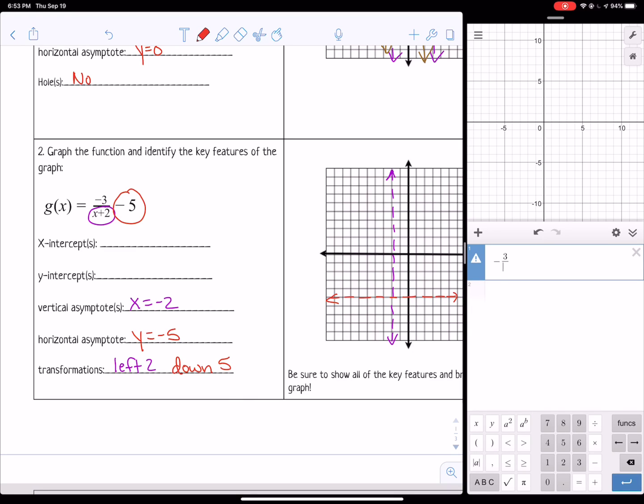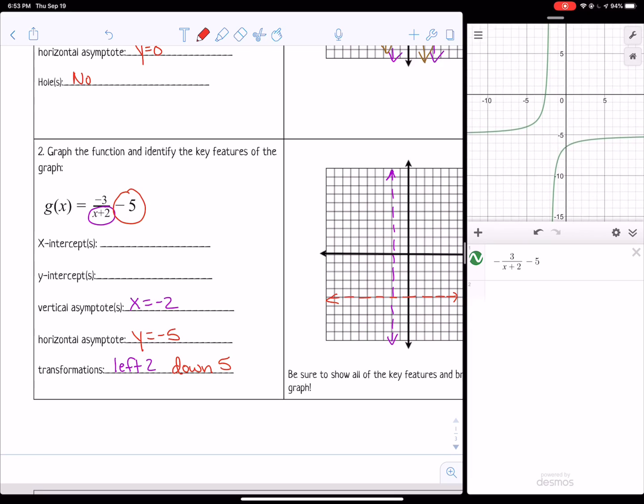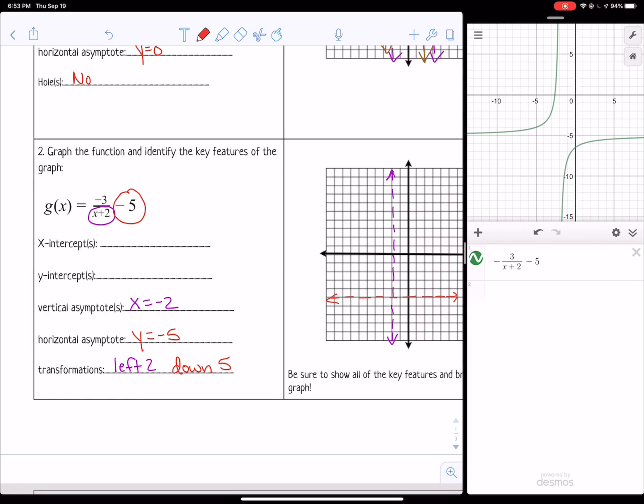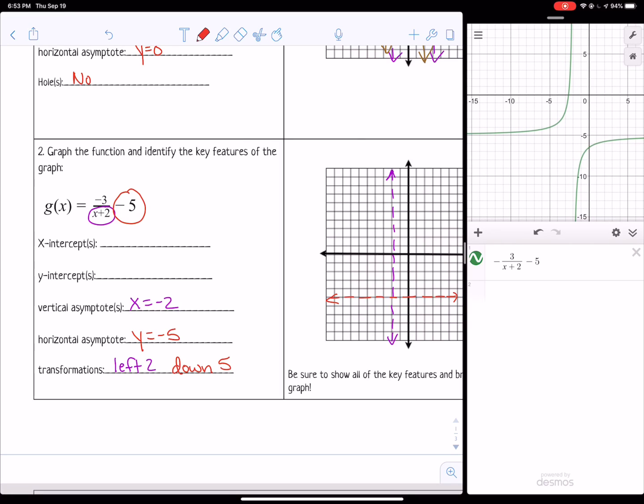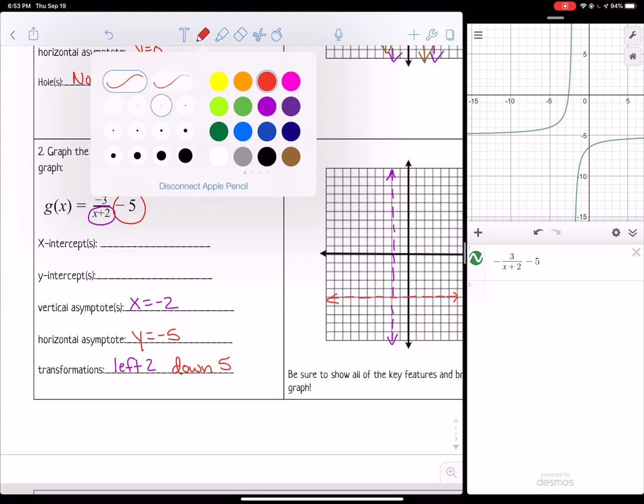So let's type in negative 3 over x plus 2 minus 5. So I can see my graph is shaping up to look like what I've planned for. I have a vertical asymptote at negative 2, and I have a horizontal asymptote at negative 5.